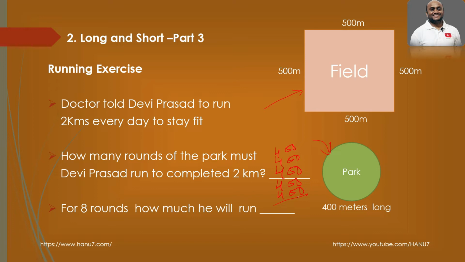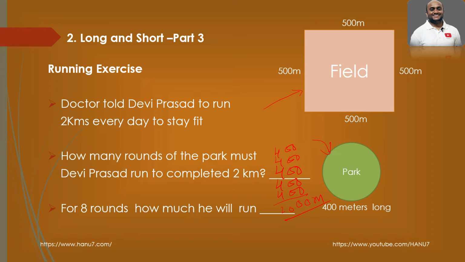Okay, so I wrote it 5 times here. You can guess 5 into how many. 4 plus 4 is 8, plus 4 is 12, plus 4 is 16, plus 4 is 20. So this is 2000 meters, not 200 meters.